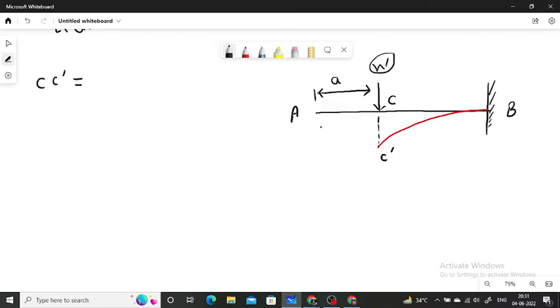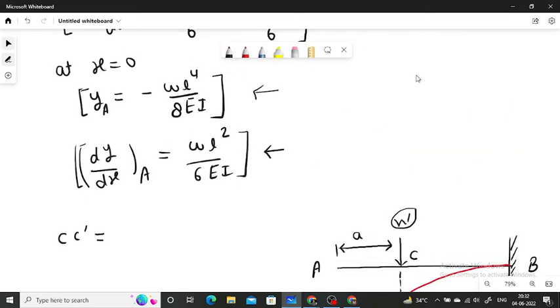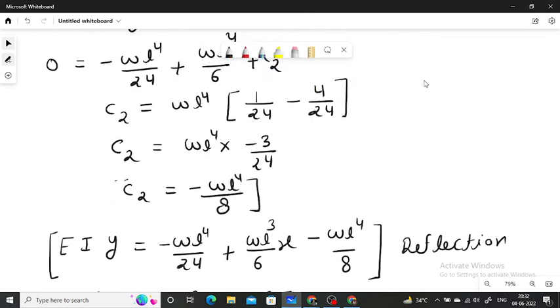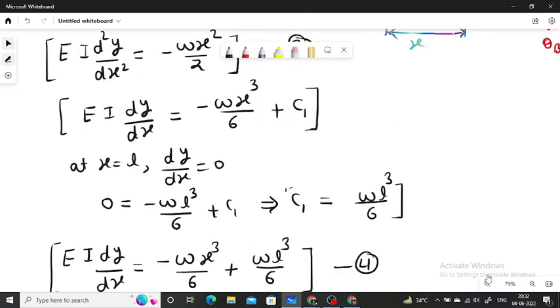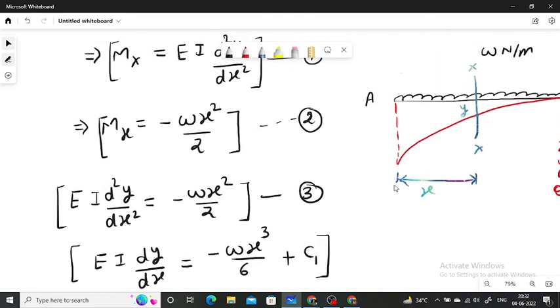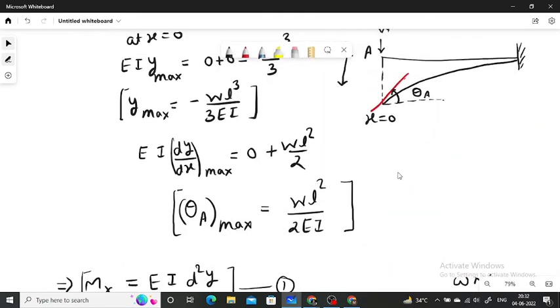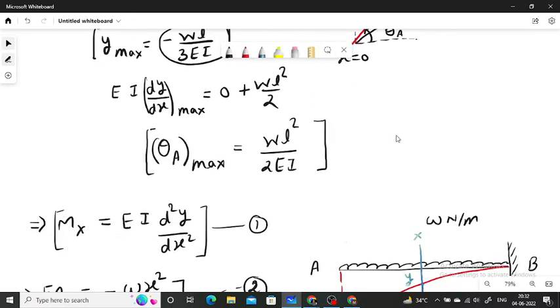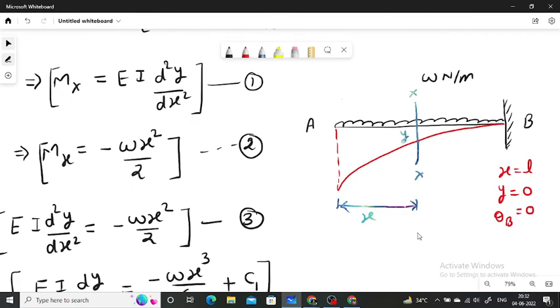We have already calculated this value in the case of a cantilever beam having a point load at its free end. Now the deflection is WL cube upon 3EI, and the slope is WL square upon 2EI.